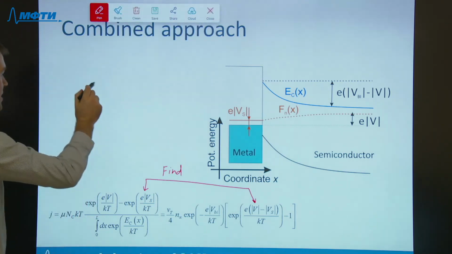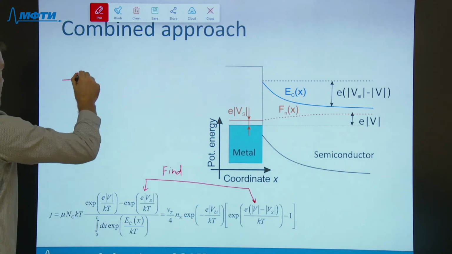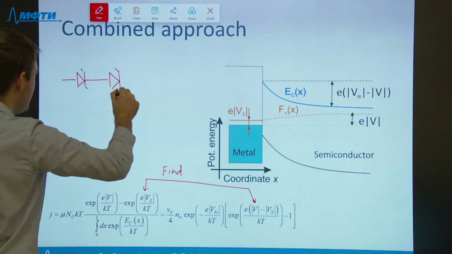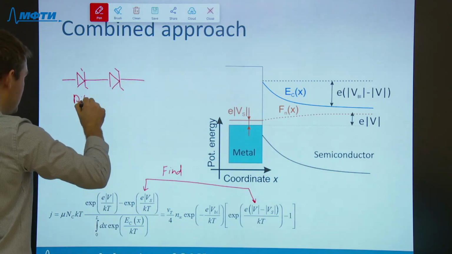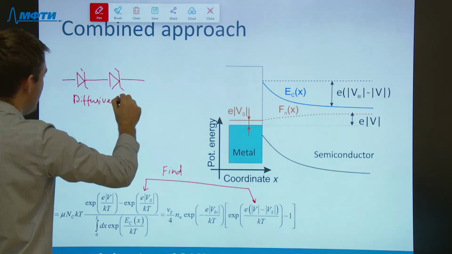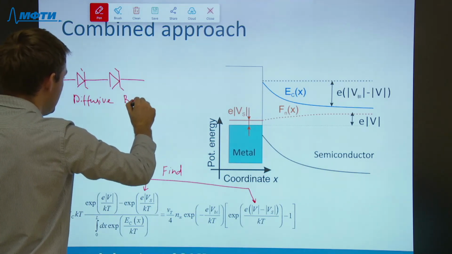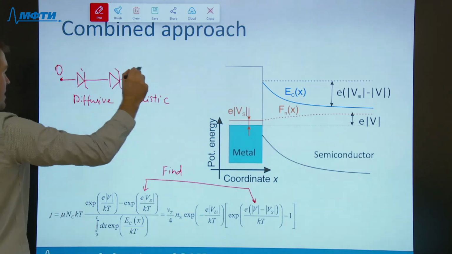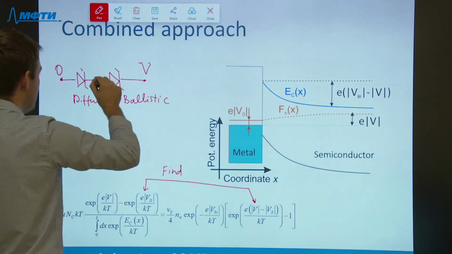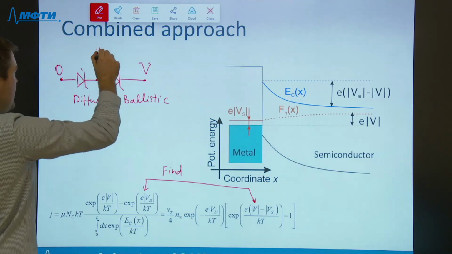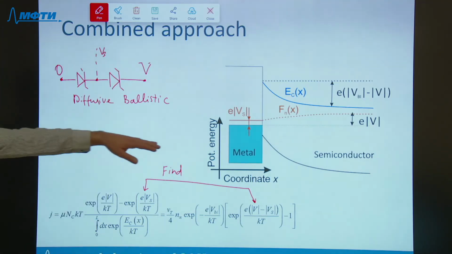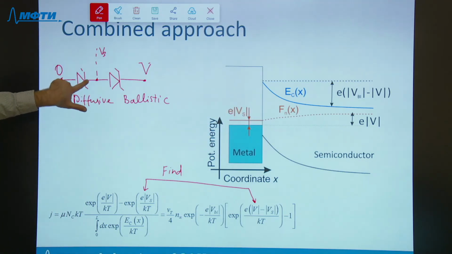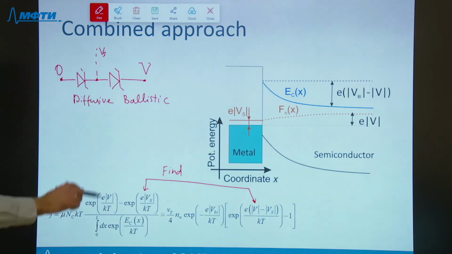The physics here is similar to the sequential connection of two diodes, one of which is described by the diffusive model and the other by the ballistic model. The total voltage across them is equal to V. Finding the unknown Fermi level at the surface is identical to finding the voltage drop in the middle of these two diodes.